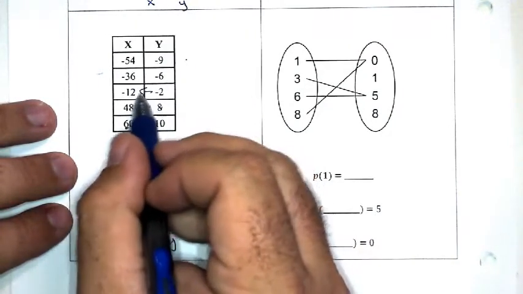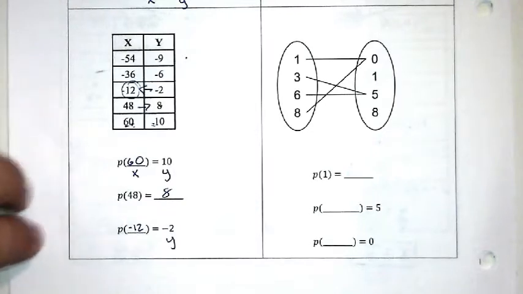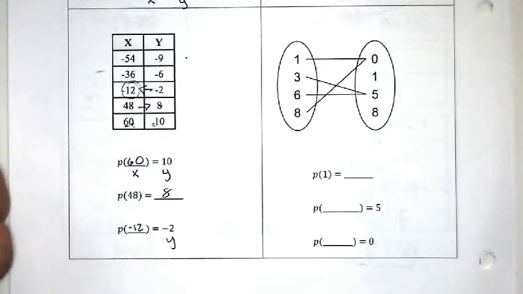Mapping is a little difficult, only in the aspect of you have to look at the lines themselves. Okay? So x value 1, I want to know the y value. On a map, where are my x's? On the left or the right?